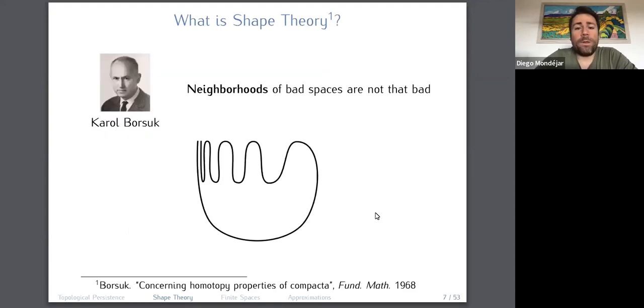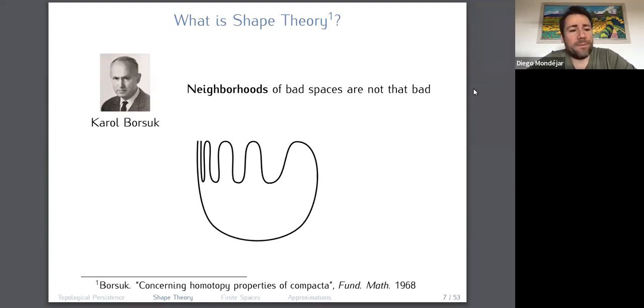So what we want to do is to replace this notion of homotopy with another notion that is larger in some sense, that captures some topology here, not homotopy, but some topology that we have here. The idea of Karol Borsuk is that the neighborhoods of the space are not that bad.